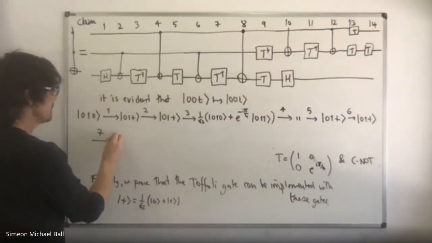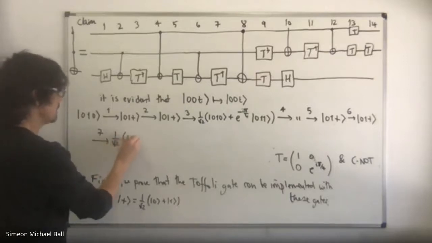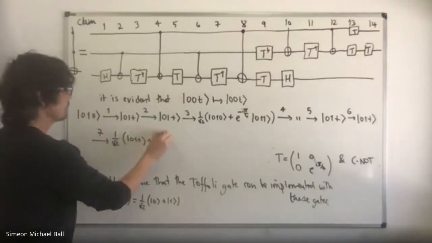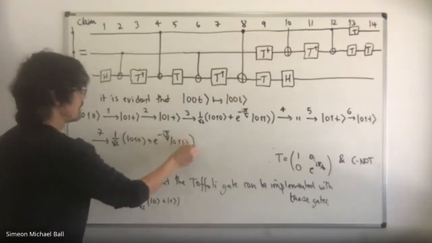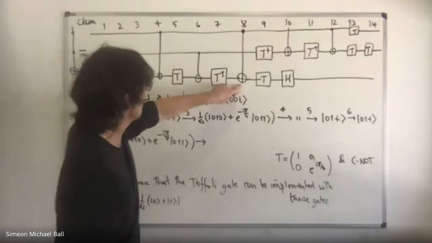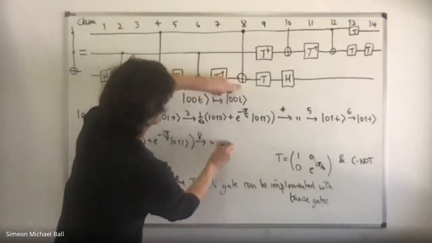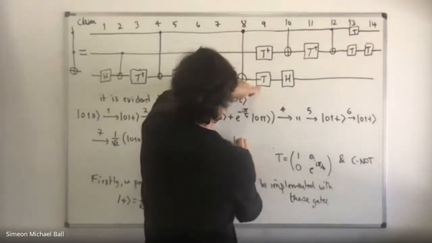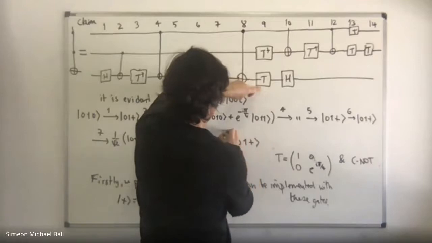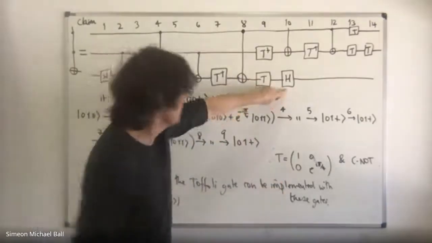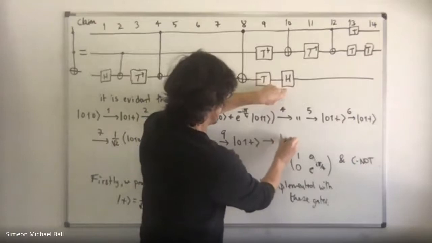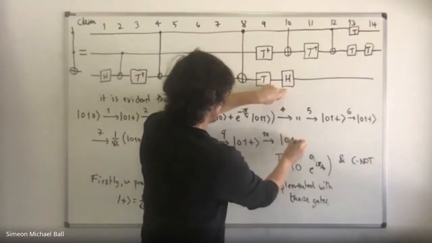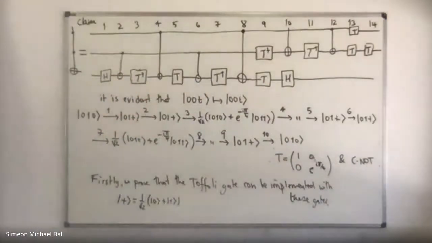Oh, do you really want me to do this? Okay, it goes to this again, but it's going to get mapped back again. Because nothing happens on 8. On 9, it gets mapped back again to 0, 1 plus. And then you apply the Hadamard to a plus, you go back to a 0. So on 10, it gets back to 0, 1, 0, which is what we wanted to prove. Actually, it wasn't too bad. I thought that was going to be worse.